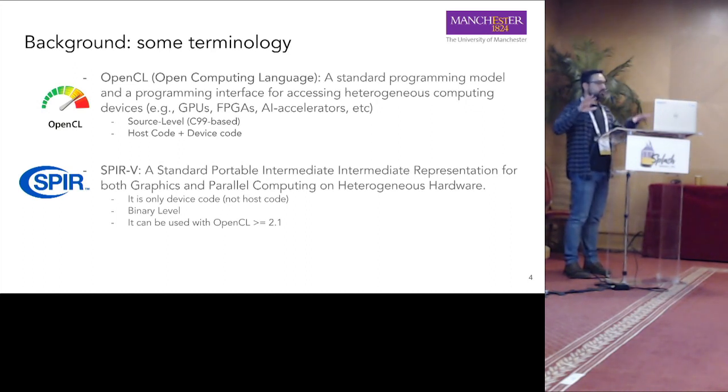OpenCL has two parts. There is the host code, which is the pure runtime. Let's say, allocate a buffer on the GPU, run this kernel; that's the host code. And then it has another part, which is the device code. The device code is the function that runs on the GPU or the FPGA. You can express that function with OpenCL in a C-like language. It's an extension of C.